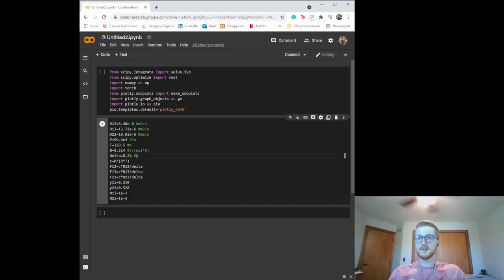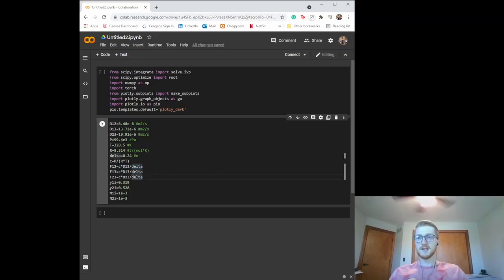And then what I wanted to do is calculate the concentration based off the pressure, the ideal gas constant, and the temperature, which I did here. And then I also defined these variables F12, F13, and F23. These are just to make our code a little bit simpler, so we don't have to keep constantly referring to the concentration, the diffusivity constant, and delta.